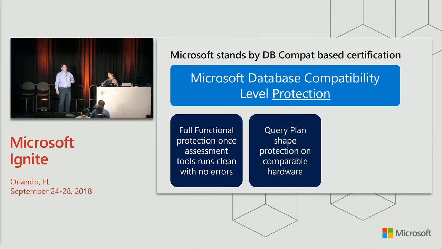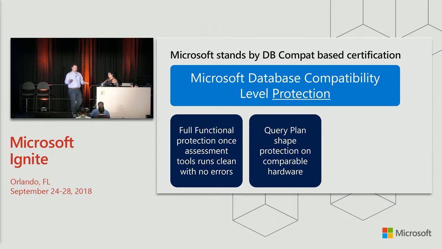The second one is, like I said, we provide query plan shape protection. This is a mouthful. What is this? So like I said, the query optimizer creates query plans. Those drive the execution of our queries. Now, if a newer version, with the changes that we introduce in every newer version, changes the shape of the plan, that may actually introduce a negative effect in parts of your workload.